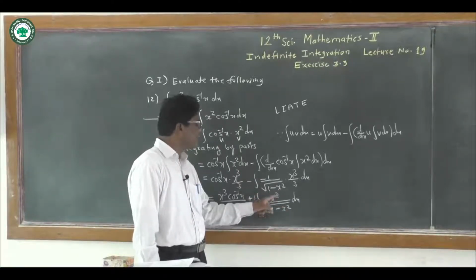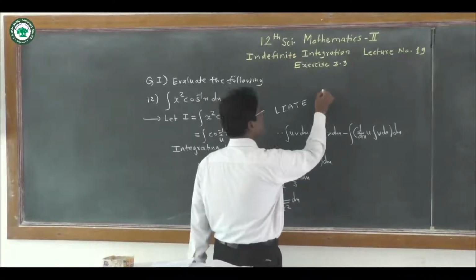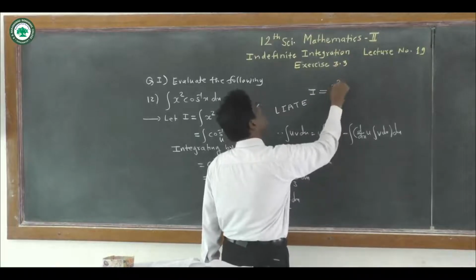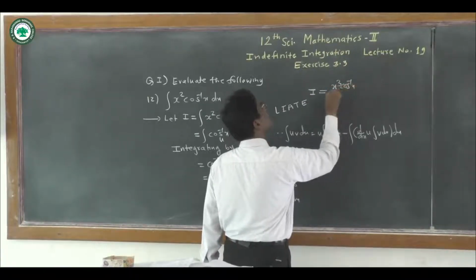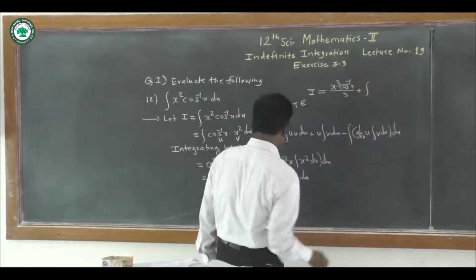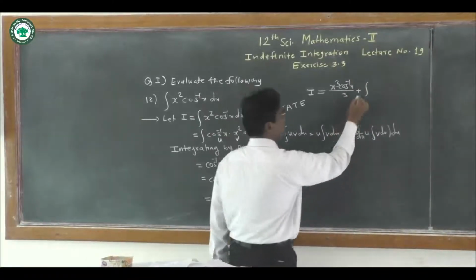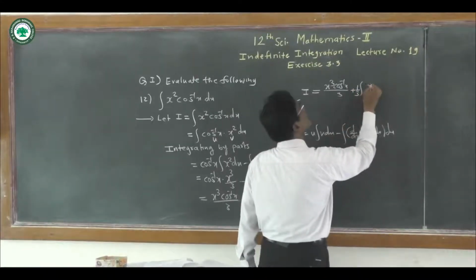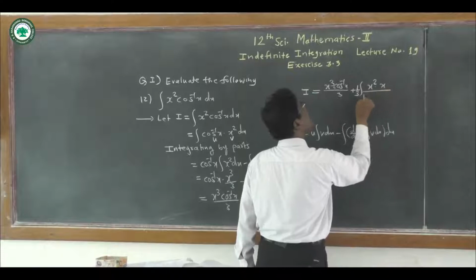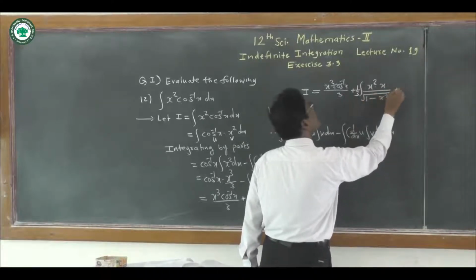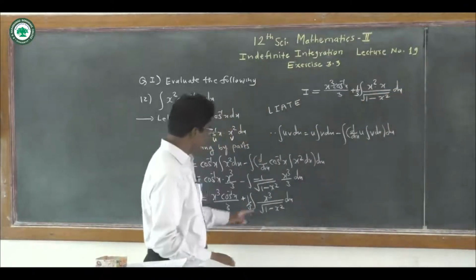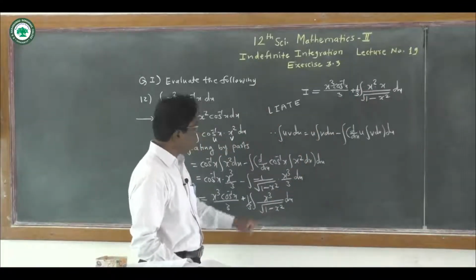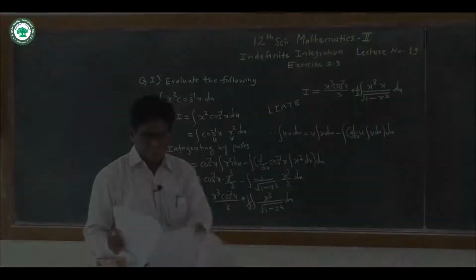So we split this x cube, so we write this required integral I is equal to x cube into cos inverse x divided by 3 plus 1 upon 3 into integration of x cube, we write x square into x upon under root of 1 minus x square dx. See here, this x cube we write x square into x and upon this root of 1 minus x square dx.